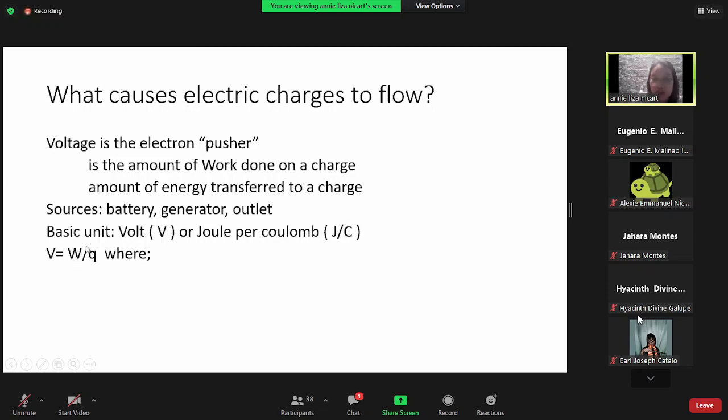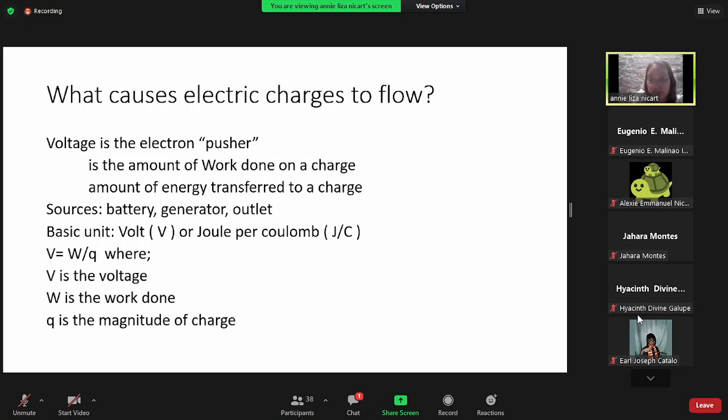So that's W over Q. Okay, where V is the voltage, W is the work done, and Q is the magnitude of charge kung saan yung work ay minanifest. That's why we have this unit, joule per coulomb. So W, yung unit ng work, is same as energy, ay joule, and the unit of charge is coulomb. So you have joule per coulomb, or that is equivalent to volt.